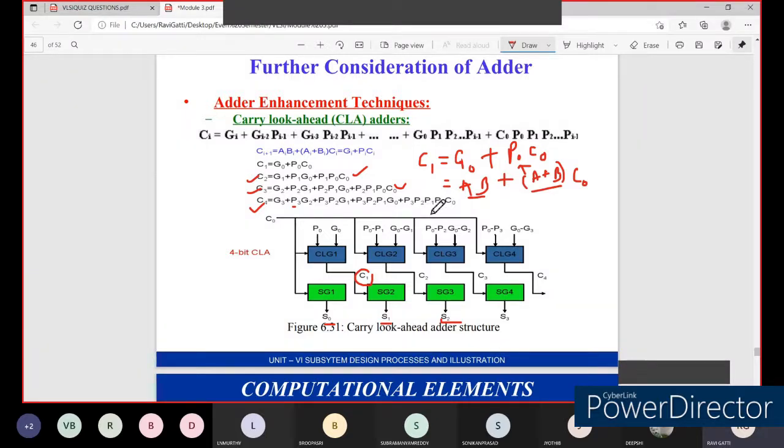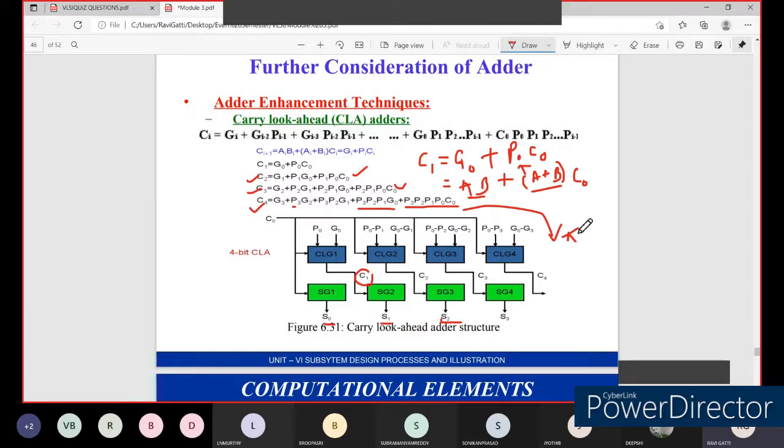Now, by looking at the generator polynomial and the propagation polynomial, we can create some more expressions. That is P3 P2 P1 P0 C0, which I can represent with another notation, in terms of pi.